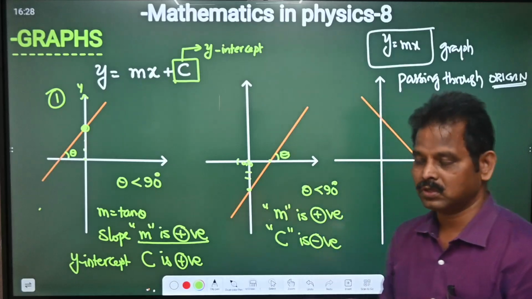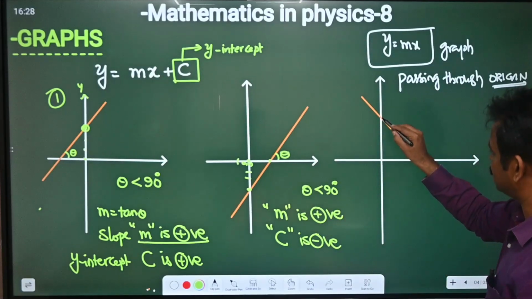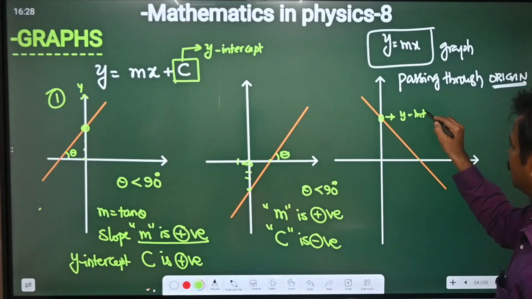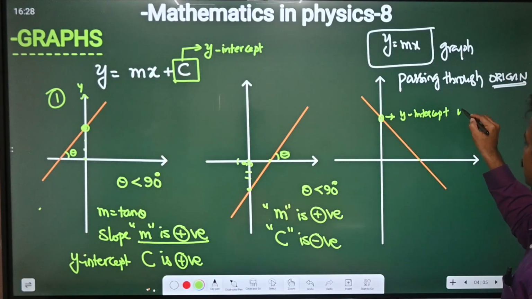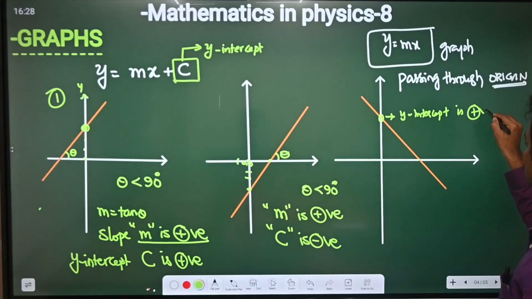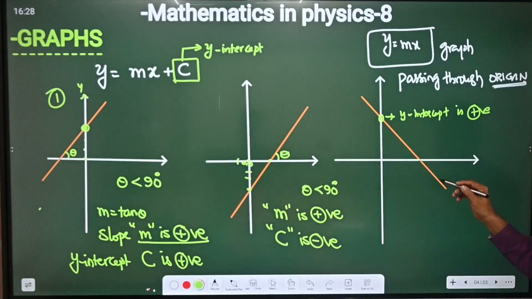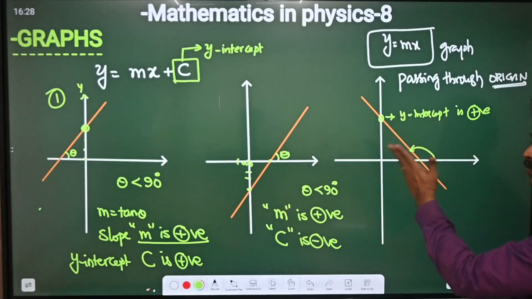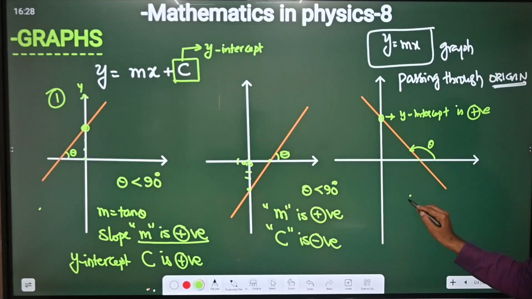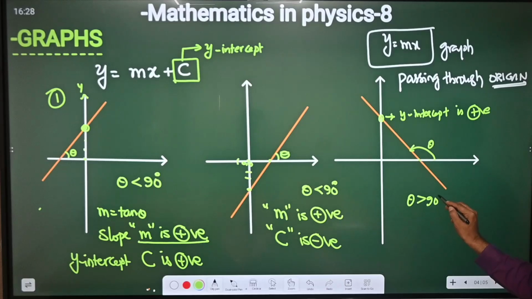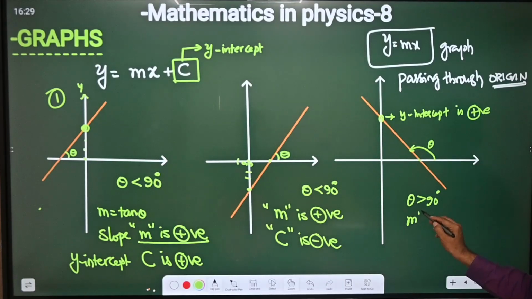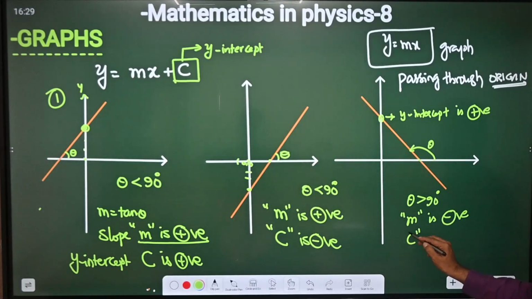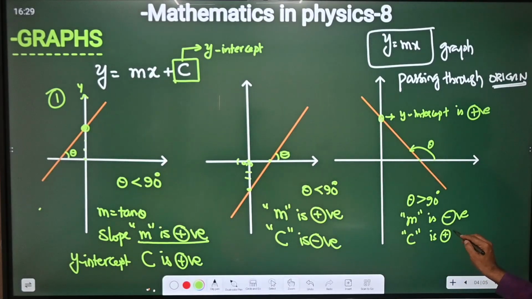Third one, if you observe this diagram. This is the y-intercept, and we can say this y-intercept is positive because this is above the origin, and the slope here we have to measure from the x-axis in the anti-clockwise direction. This theta is greater than 90 degrees, so slope is negative, but y-intercept is positive.